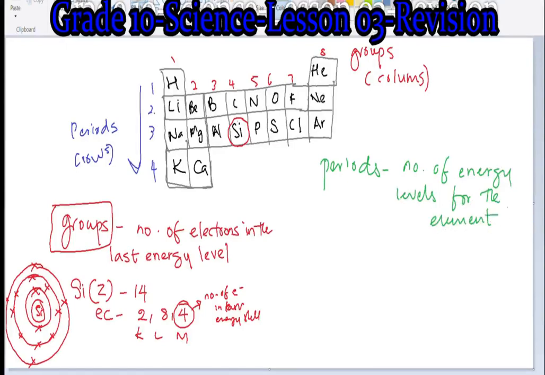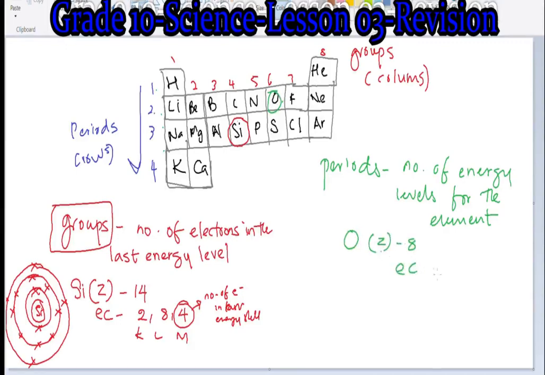There are only 4 periods, so any element will have either 1, 2, 3 or 4 energy levels only. If you take oxygen, oxygen has atomic number 8.